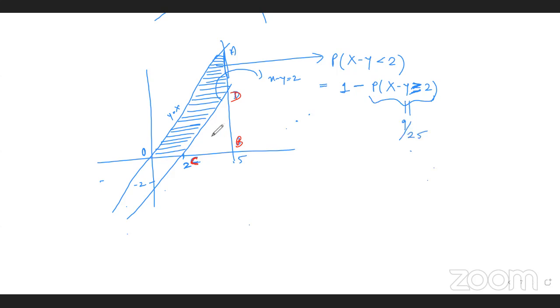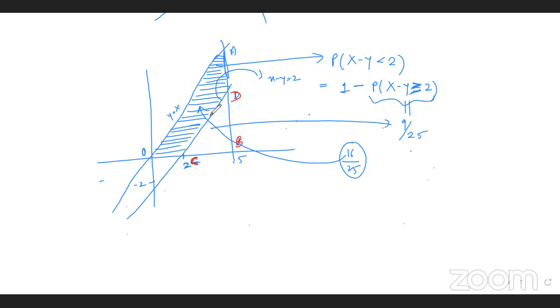Once you subtract this from 1, you get 16 upon 25. That is the probability for this shaded region here. Right? I hope it is clear.